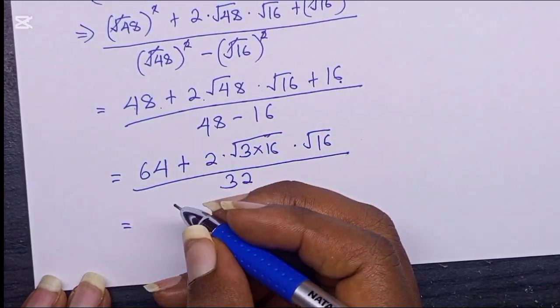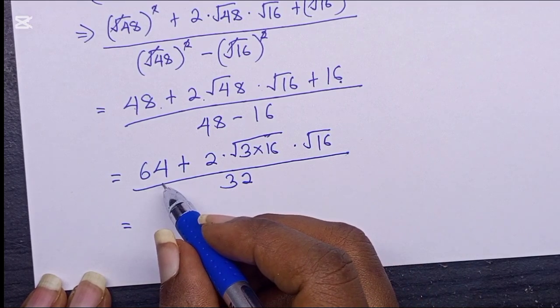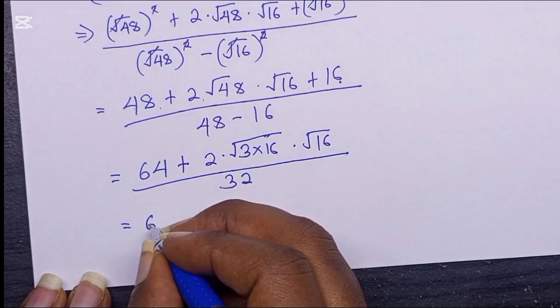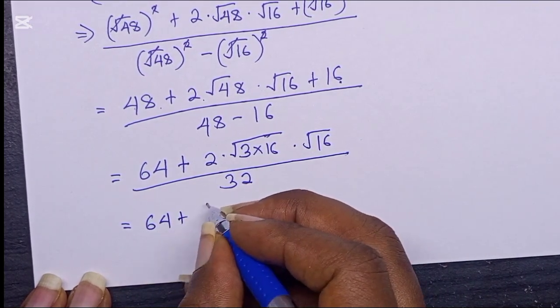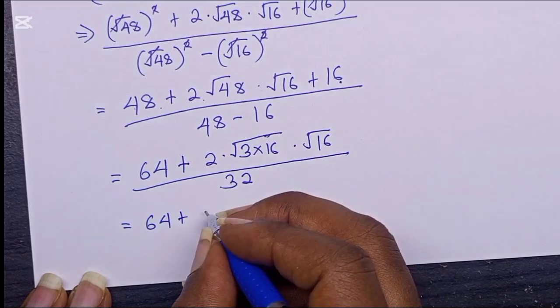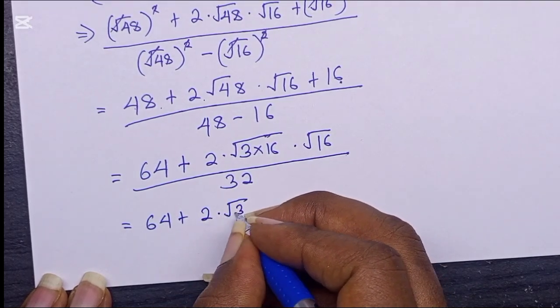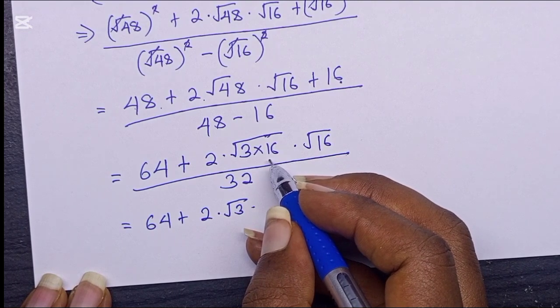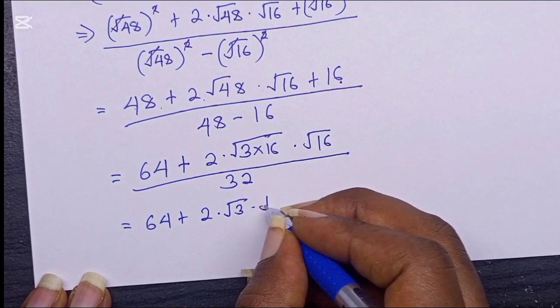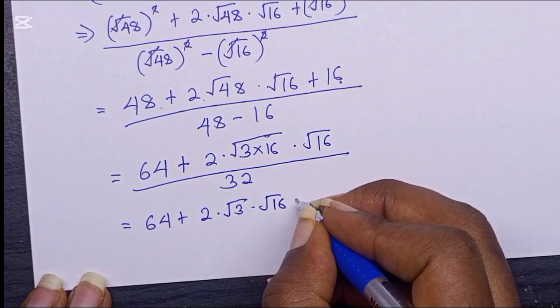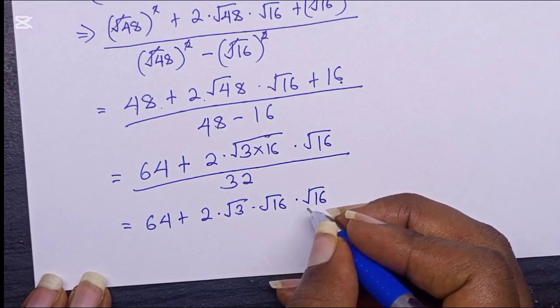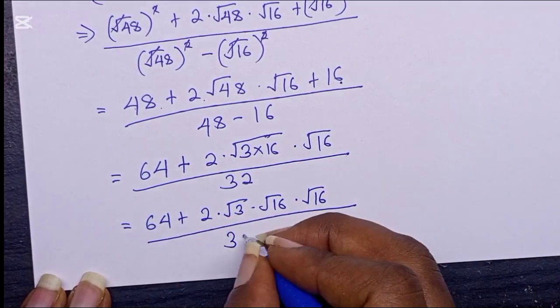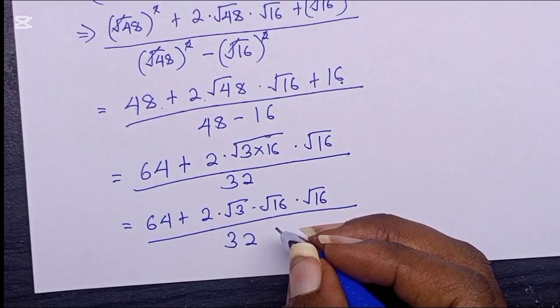So this will be equal to 64 plus 2 times root 3 times root 16 times root 16 divided by 32.